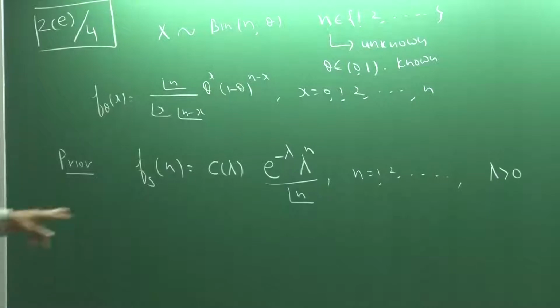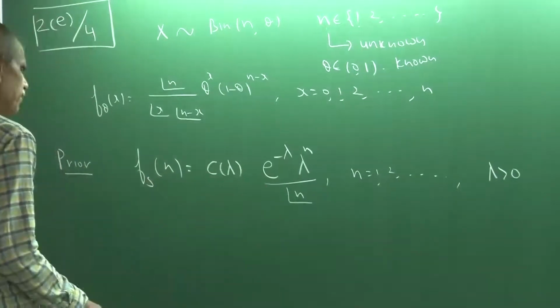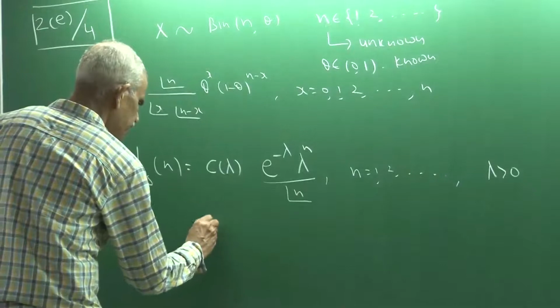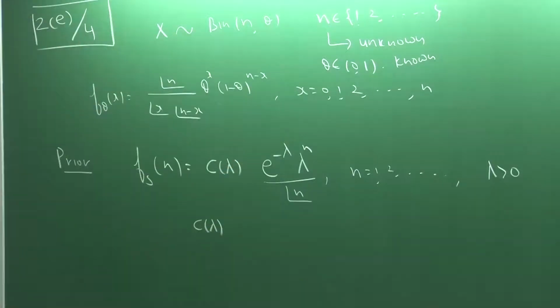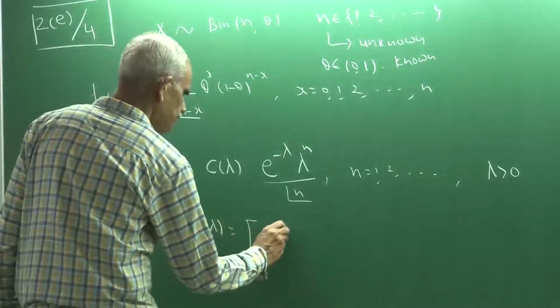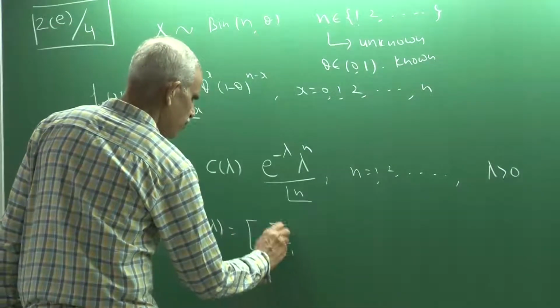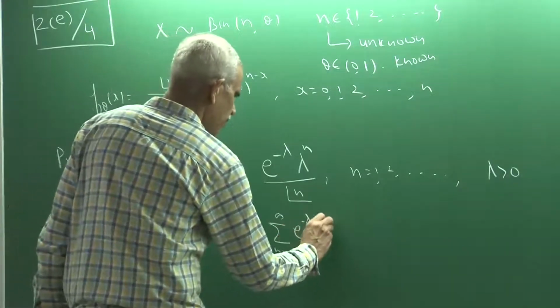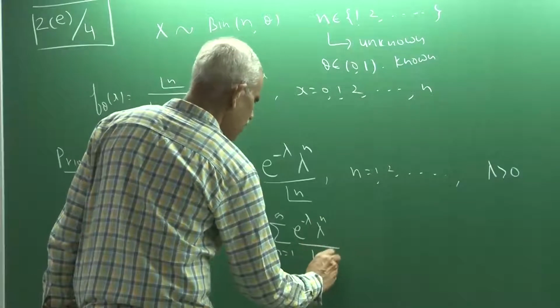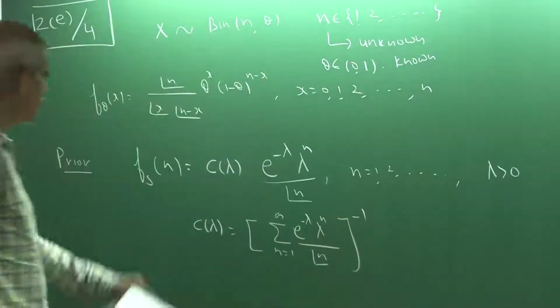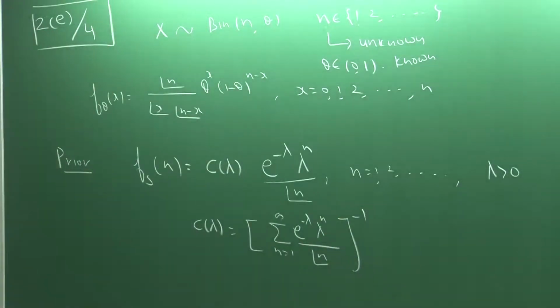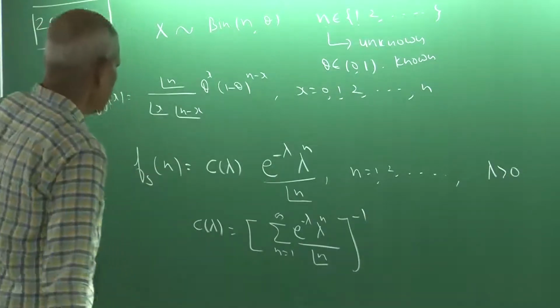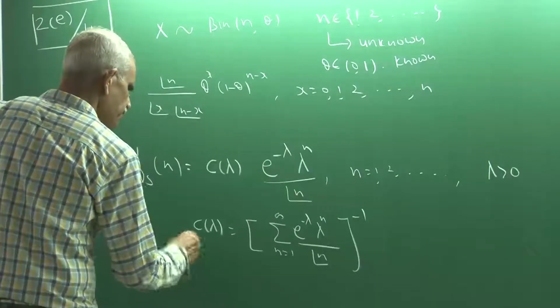For this to be a proper probability distribution, the sum of this should be 1. So c(lambda) should be nothing but the inverse of the summation from n equal to 1 to infinity of e to the power minus lambda, lambda to the power n by factorial n, because the total sum has to be 1. That is what I have chosen c(lambda) to be.